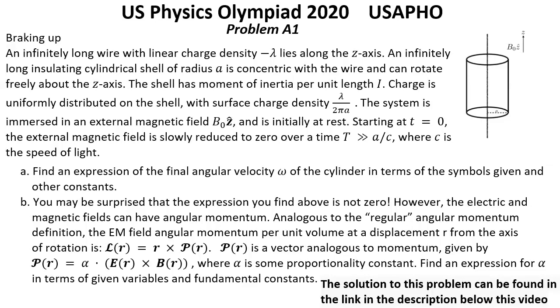P is a vector analogous to momentum, given by P equals alpha multiplied by the cross product of electric field and magnetic field, where alpha is some proportionality constant. Find an expression for alpha in terms of given variables and fundamental constants.